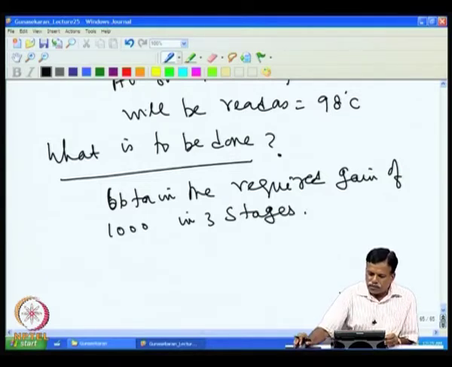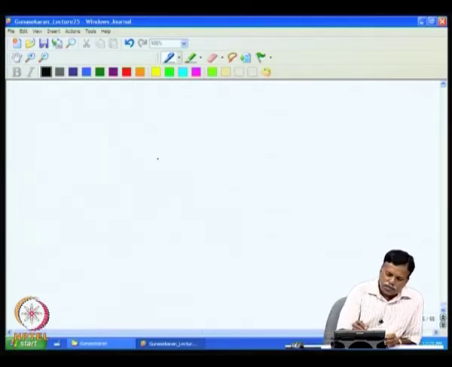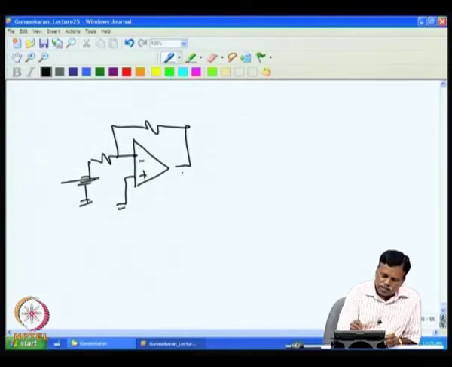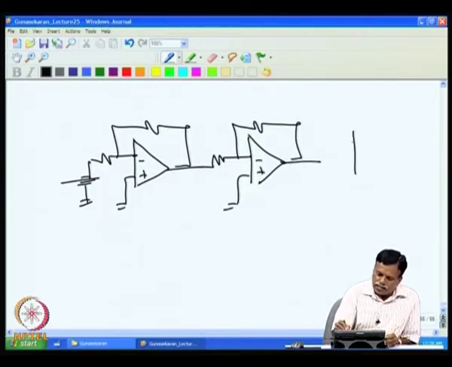Then you will find that the gain drift is also less, the gain error also less. For example, I can have gain 1000 in 3 stages. I can have the input like this and have only 10 gain in the first stage, then put the next 10 gain in the second stage, and then another 10 gain in the third stage.